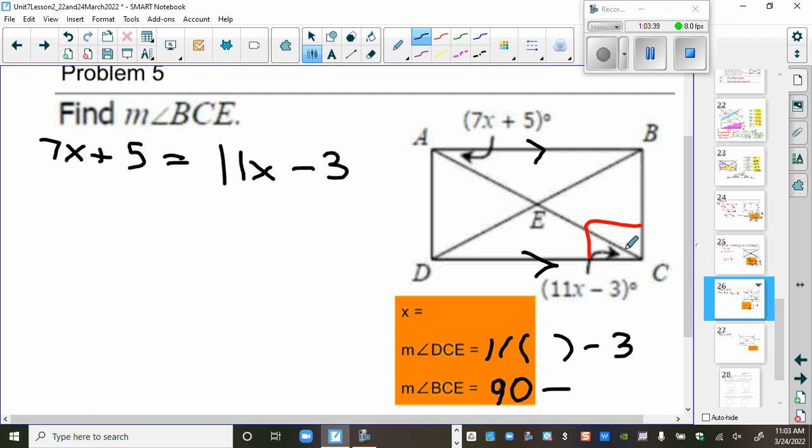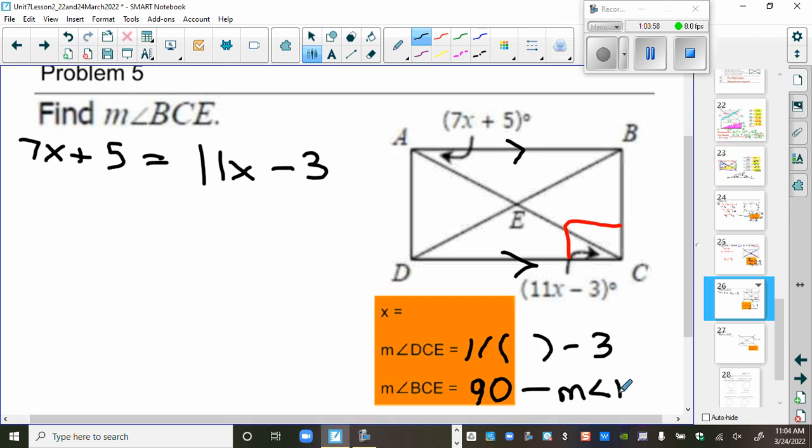Do we agree to that? Because DCE is right here, right? That means BCE is just 90 minus DCE. Do we see where we're going with that? So there you go. There's your two clues. Have at it.